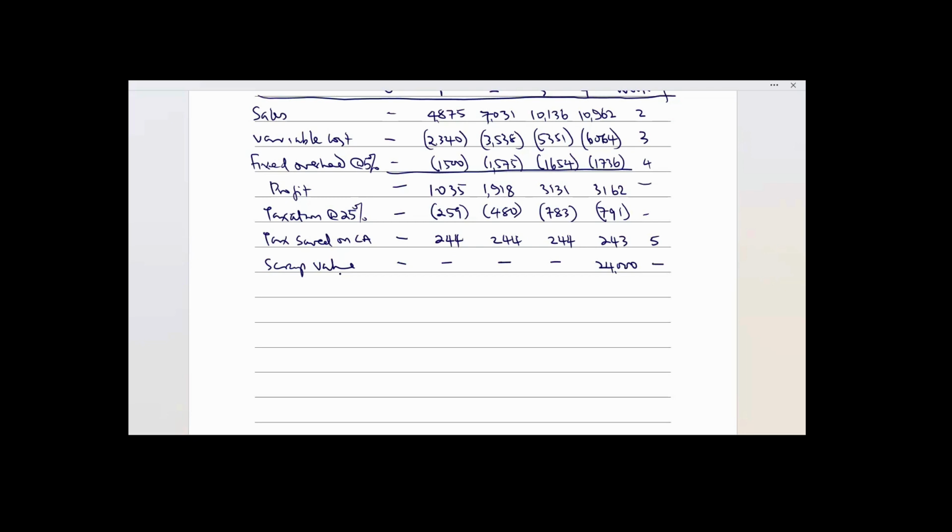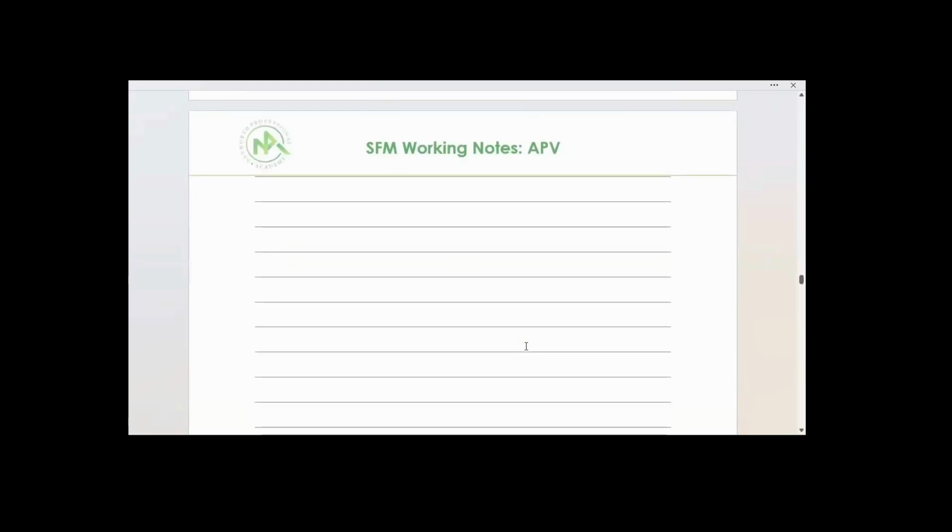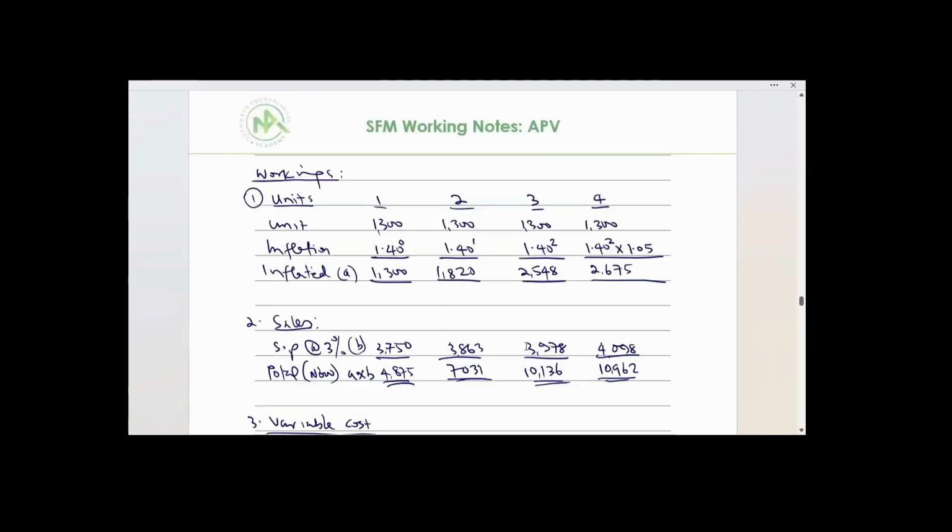Next item is initial outlay. Let's go and compose our initial outlay. Our initial outlay are in 2 folds. One is 16.5, then plus 4.5. That's 21 million. But let's do the working.